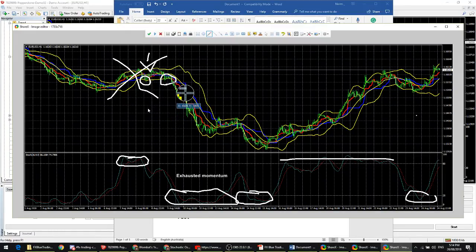And then somewhere in here, red gets below the blue, and we have the stochastic that's been above and is falling, and a hit to the bottom here, and we can enter. Let's have a look down here for all three of our rules. We've got exhaustion down here.